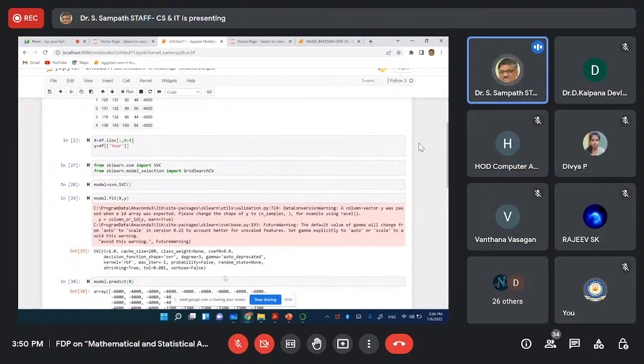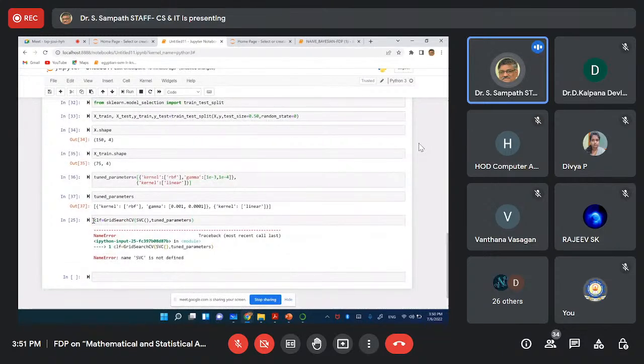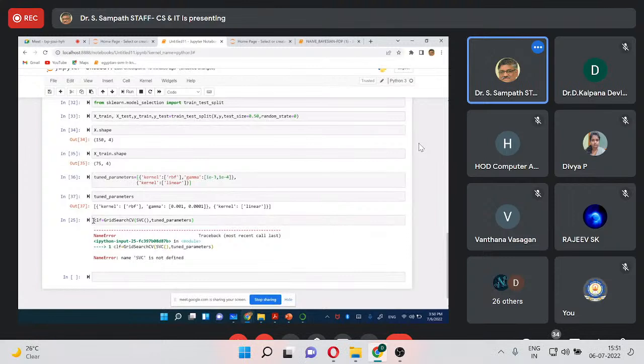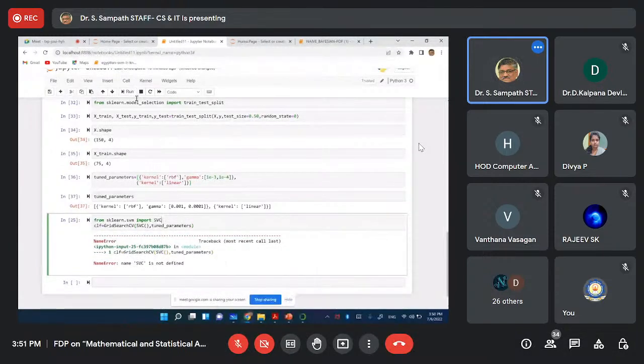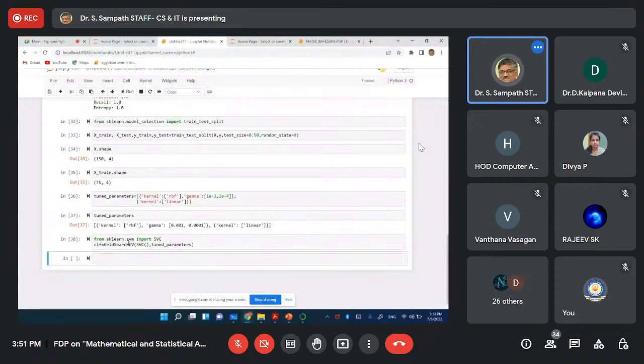From sklearn.svm import SVC. Probably in your system it should work because I had a problem. Has it worked? Okay. Can you follow? Say yes or no?